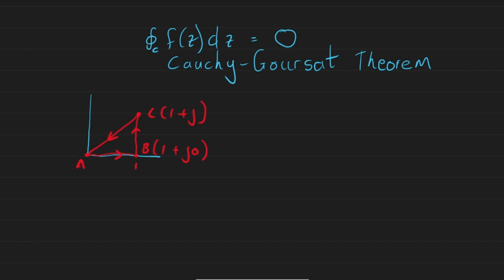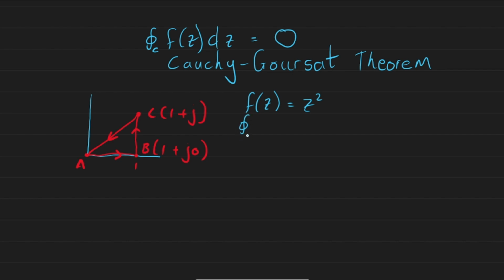So what function are we considering this for? We can say that maybe f(z) is equal to z squared. And what we want to evaluate is this line integral around this closed path of f(z) dz.